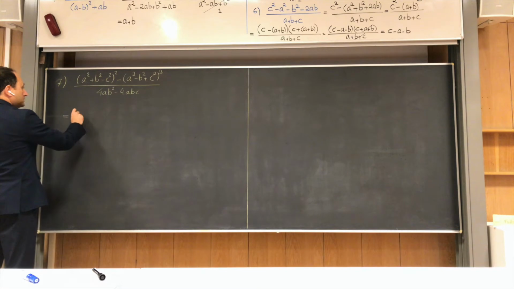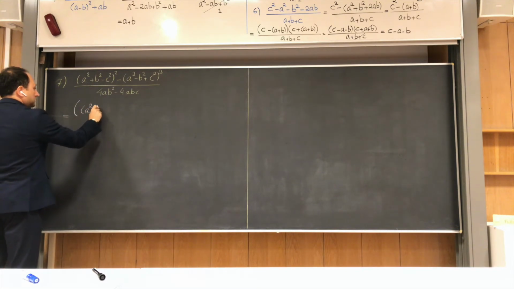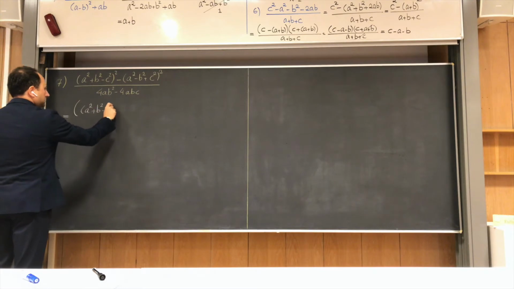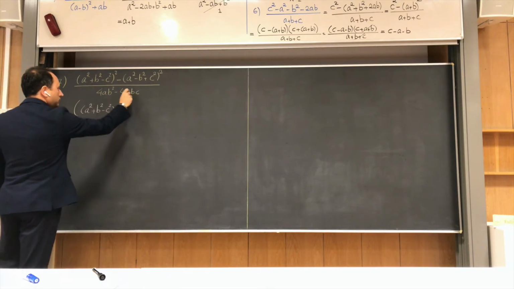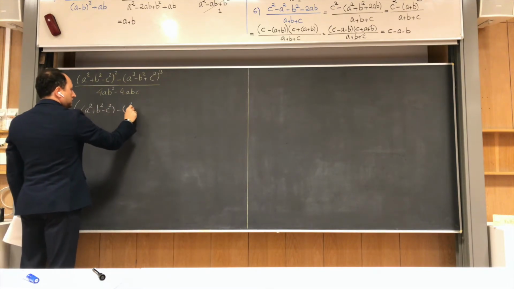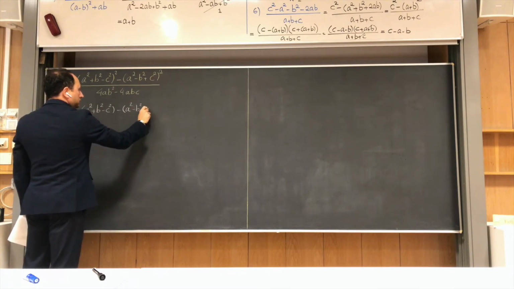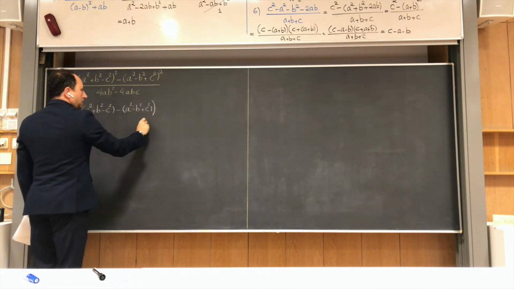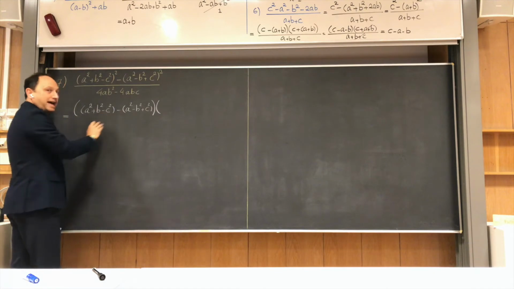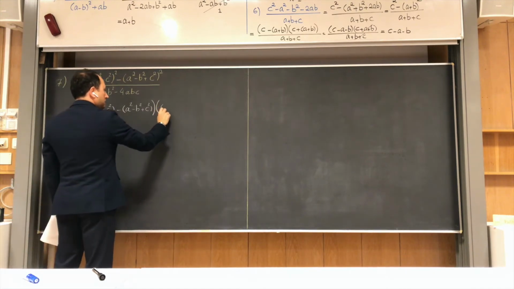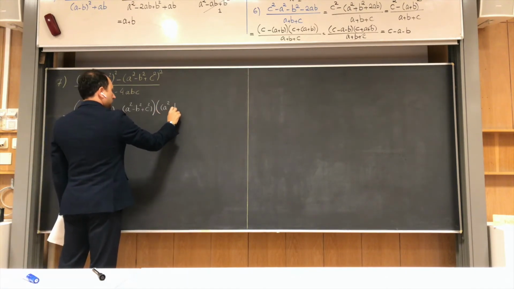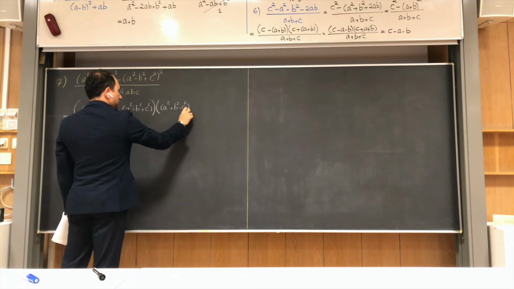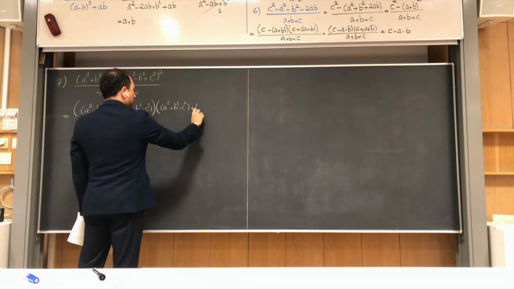So then it becomes, I take it in this form: the square root of the first one minus the square root of the second one, and then I do the same thing, but this time I add them. So this becomes the square root of the first one plus the square root of the second one.